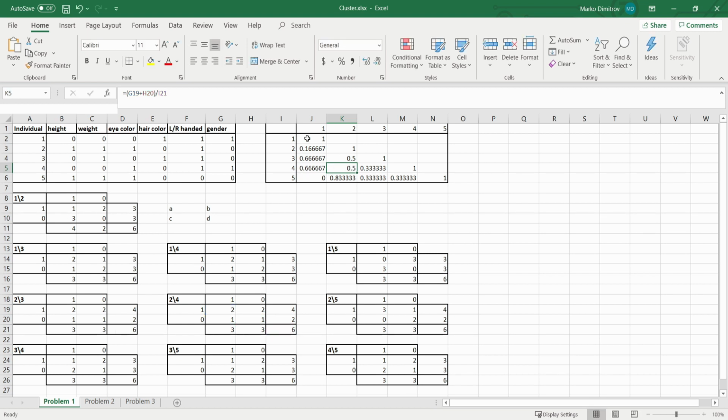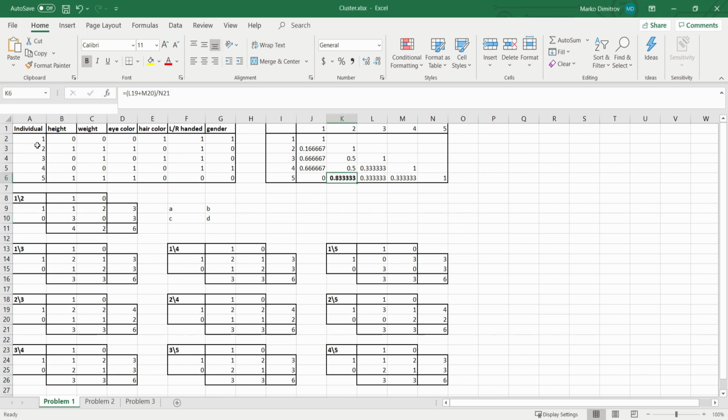Now, when we compute the similarity coefficients, we want to see which two individuals are the most similar based on this similarity coefficient. We'll talk later about whether this is actually a good choice. For example, we can see here we have 0.83, so it's the highest among all. So we can say that individuals 5 and 2 are the most similar.